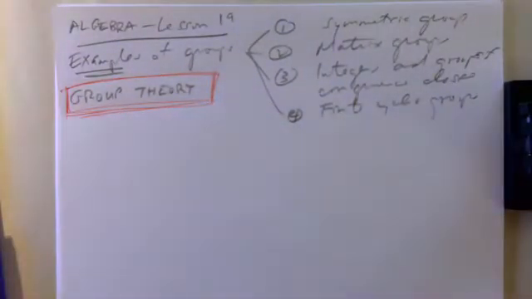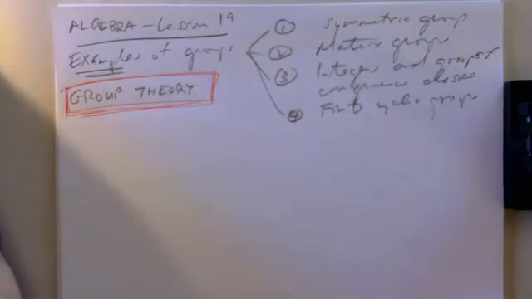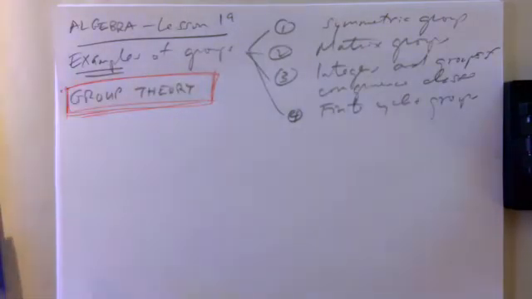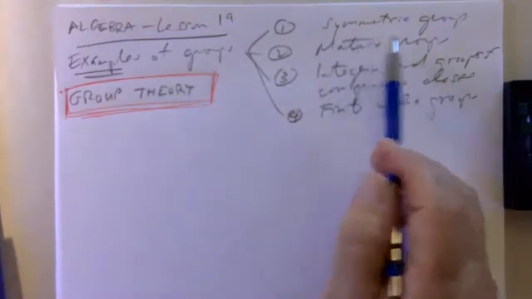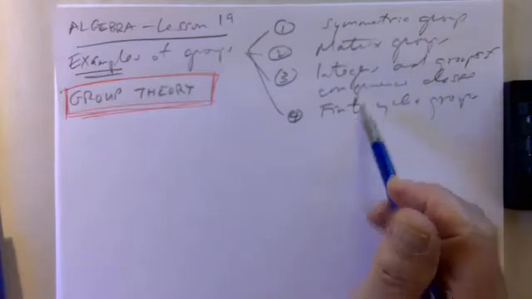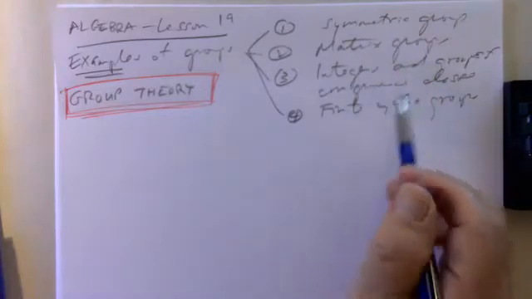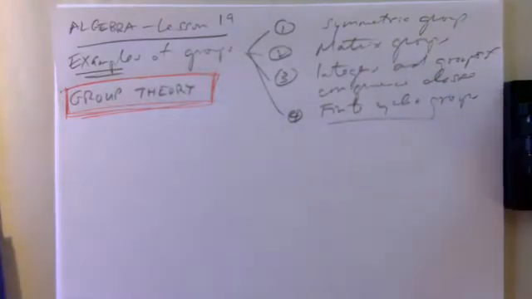So from the very, very, very short and simple axioms that define a group, there's a very rich theory. And all of these things, permutations, matrices, integers, congruence classes, finite cyclic groups, they all satisfy these things.